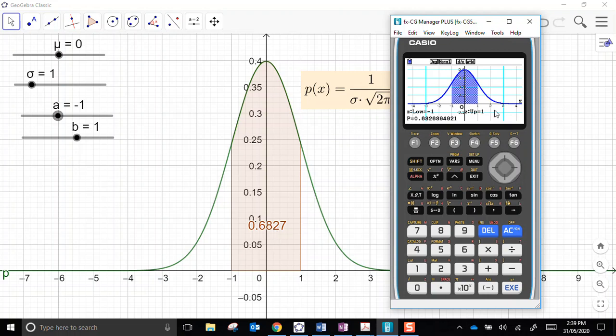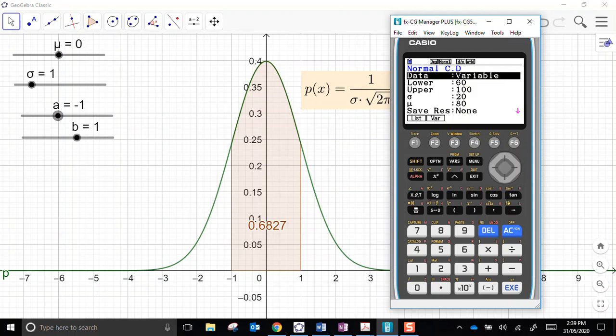The calculator will automatically take the mean and the standard deviation you give and the upper and lower boundaries and convert them to Z-scores before it calculates and draws these things. That's because the calculator has all these things stored inside it as a standard normal curve rather than any of the other normal curves that exist.